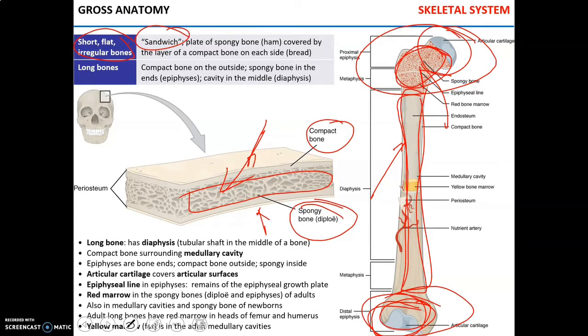In newborns, red bone marrow is found also in the medullary cavity. Eventually, red bone marrow in the medullary cavity is replaced by what's called yellow bone marrow, essentially fat. Okay.